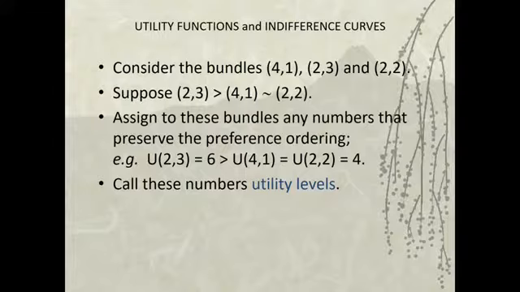Again, consider the bundles (4, 1), (2, 3) and (2, 2) as an example. Suppose (2, 3) is preferred to (4, 1), which is indifferent to (2, 2). Assign to these bundles any numbers that preserve the preference ordering. That is, (2, 3), which equals 6, is greater than (4, 1), which equals the utility of (2, 2), which equals 4.